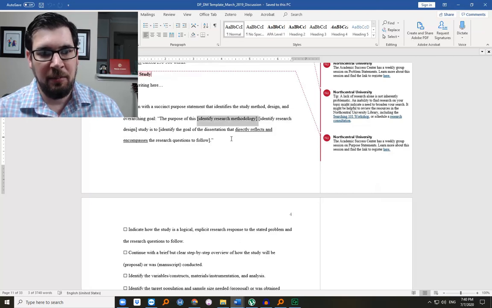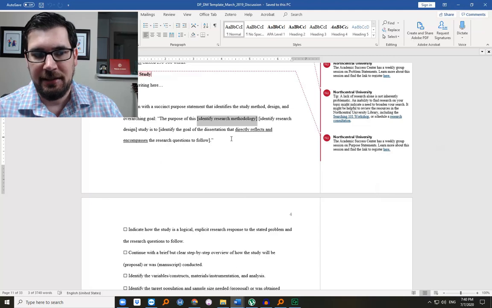When you're picking out methodology, you're choosing qualitative, quantitative, or mixed methods, which means you're going to use both quant and qual. I typically advise my students not to use mixed methods for a dissertation because it overcomplicates a process that will already be difficult.